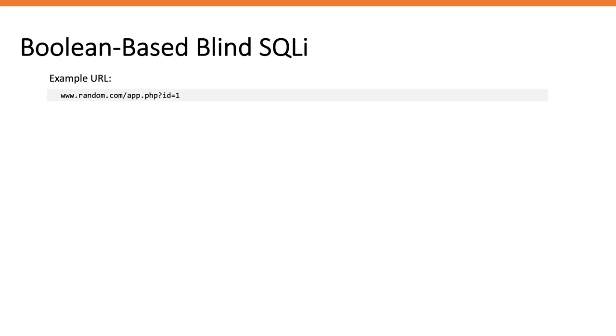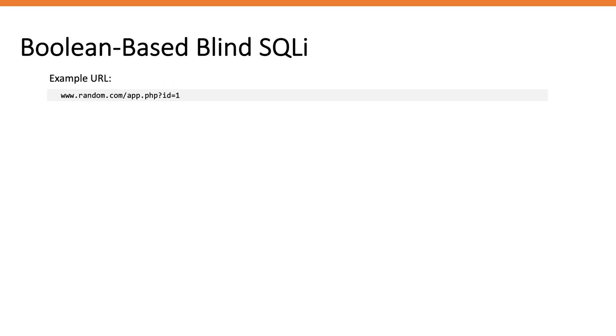Now, let's take an example so that this becomes a little bit clearer. Imagine you have an application, www.random.com, and it has an ID parameter that is vulnerable to blind SQL injection. And imagine in this case, you can't simply use the union operator to output data in the database like we did with union-based SQL injection.